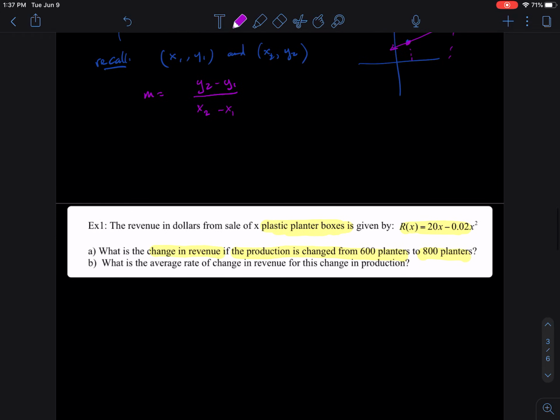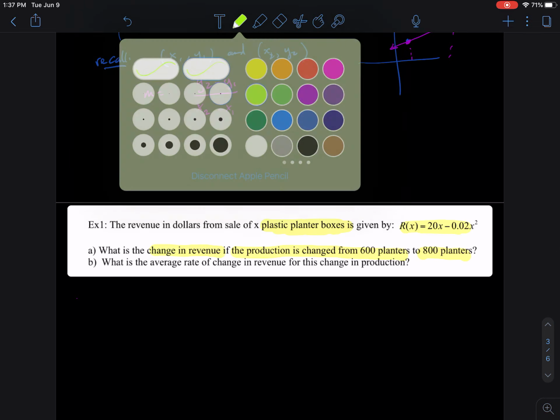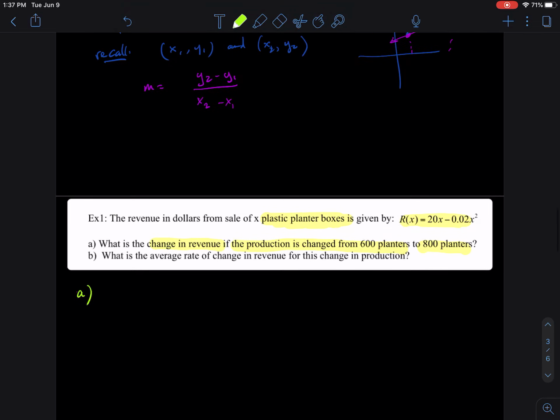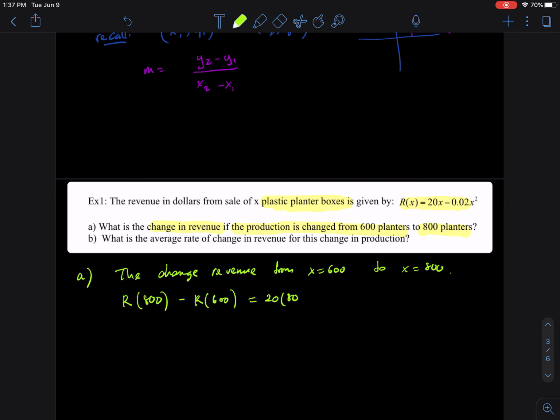So for A, the change in revenue from x equal to 600 to x equal to 800 is just saying, evaluate the total revenue at 800, subtract the total revenue at 600, and that'll give us the change in revenue. So we plug these numbers into the revenue formula.